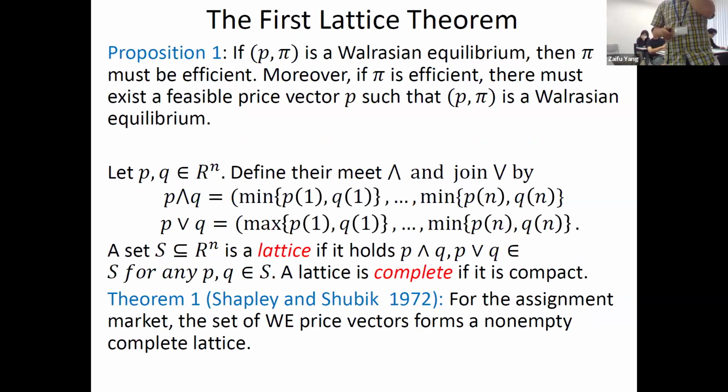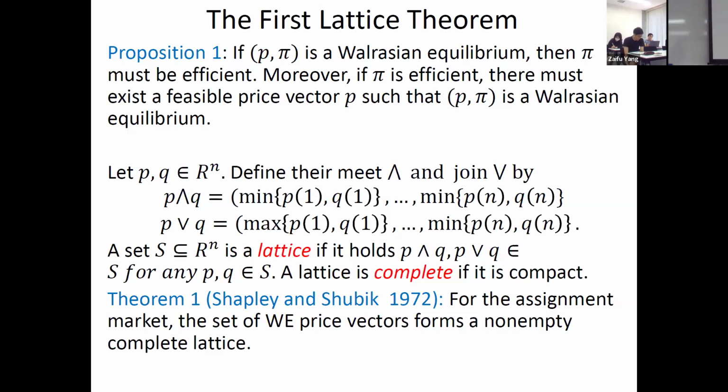Okay, then we have the welfare theorem. If (p, pi) is a competitive equilibrium, then pi must be an efficient assignment. Moreover, if pi is efficient, there must be a feasible price vector such that this constitutes a competitive equilibrium. That's quite easy.